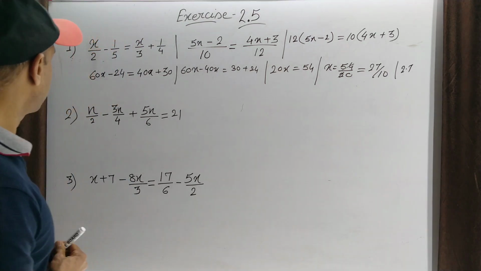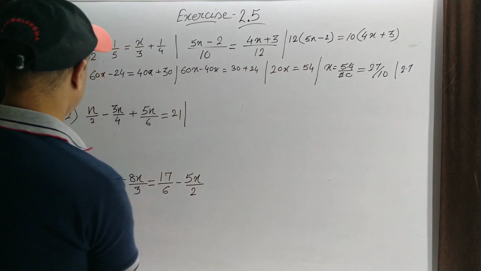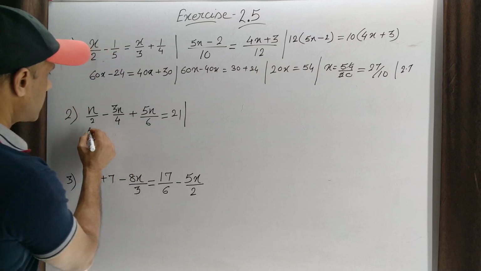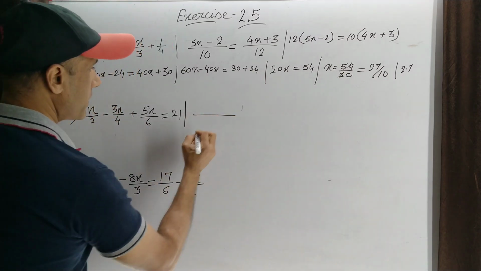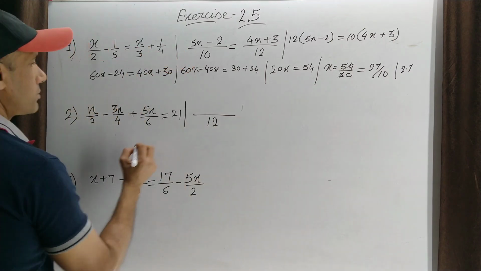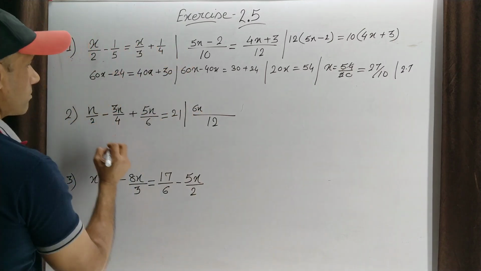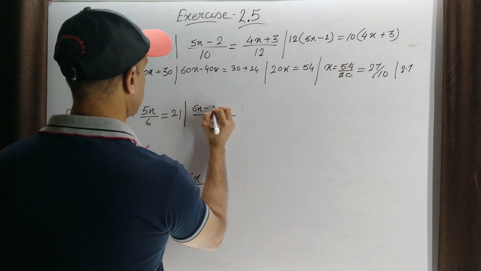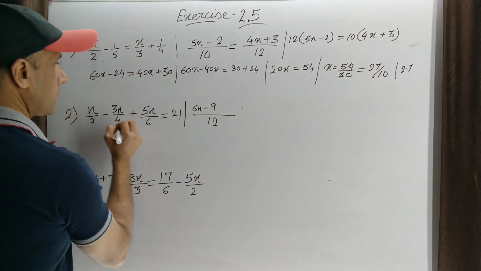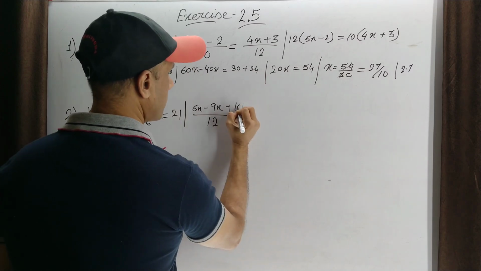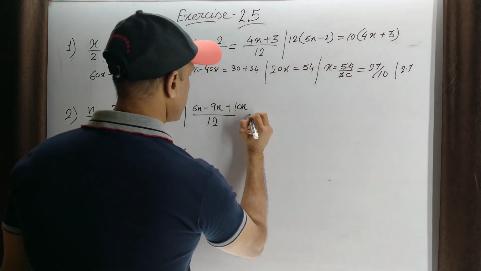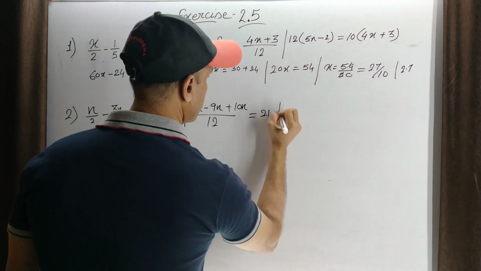Moving on to the next question. Here we get LCM as 12, so common denominator will be 12. This becomes 6n minus, this is 3 into 3, 9n plus 5 into 2, 10n is equal to 21.